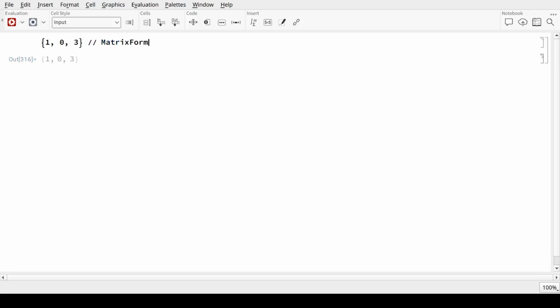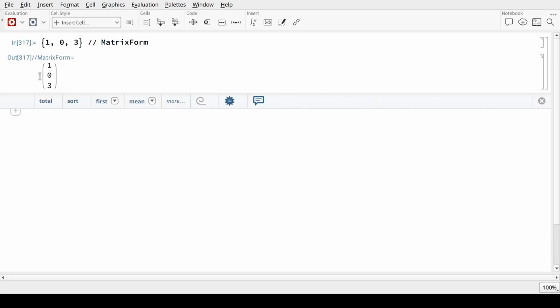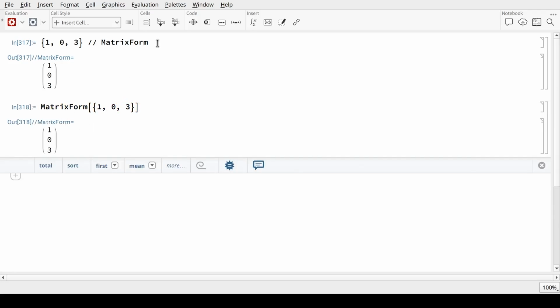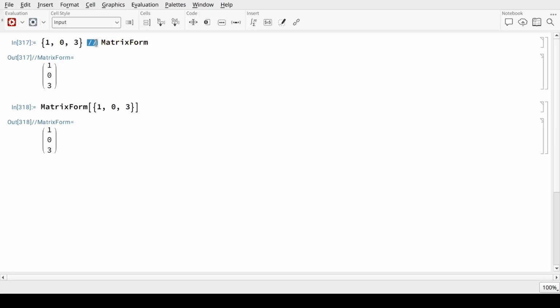We can just use matrix form, put that postfix, and it will give us the matrix form. And postfix is practically identical to this form of notation. And if we just wrapped the whole thing in matrix form, we'd practically get the same thing. It's akin to working with pipelines in Linux. It just pipes it into the function, right?